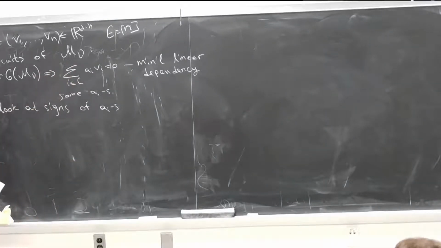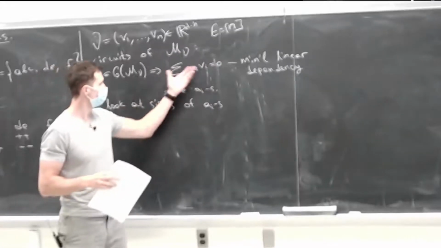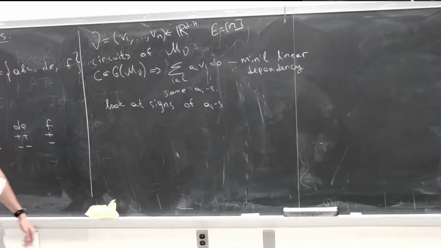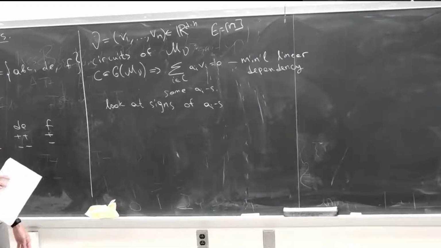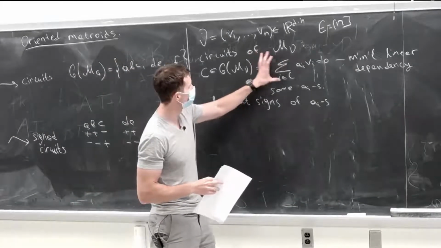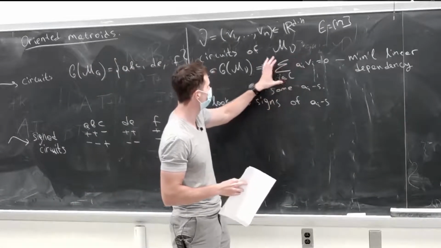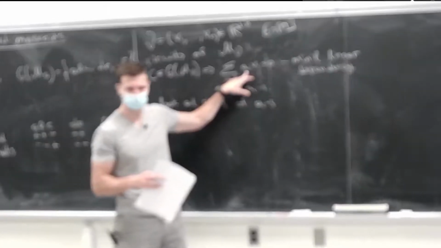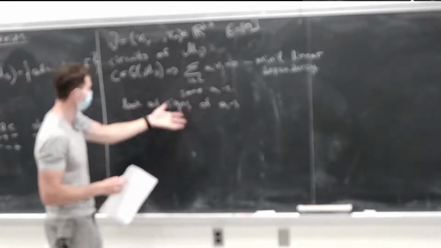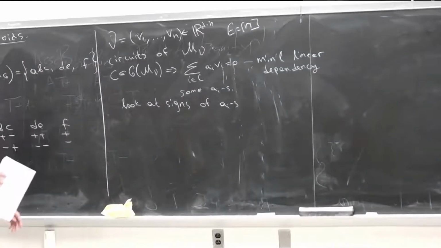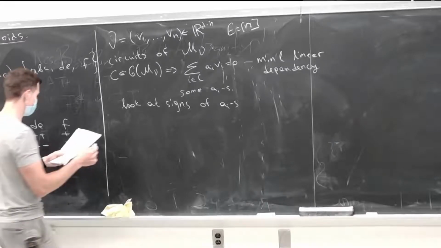Second of all, do I have some choices for the a_i? Yes, because it's a minimal linear dependency, the only freedom I have is to rescale all the a_i by the same number. If it's positive, the signs are the same. If it's negative, I get basically the negatives of all the signs. So maybe I should try an example.